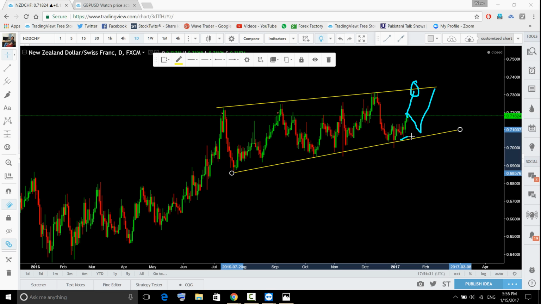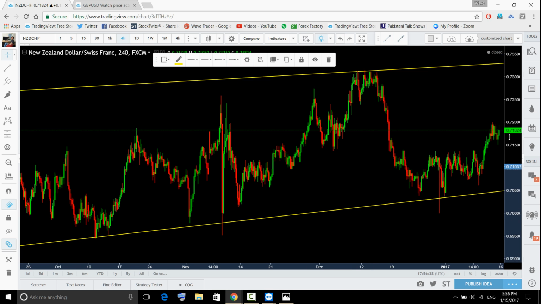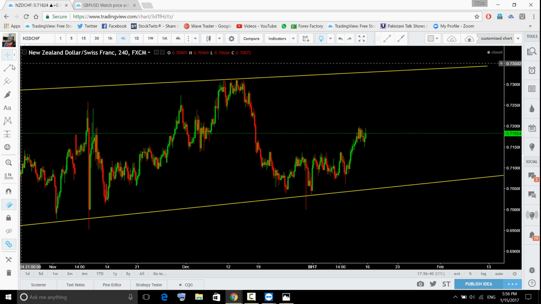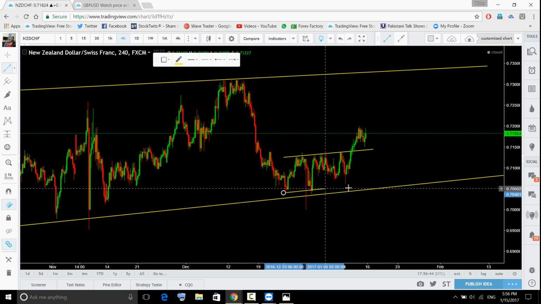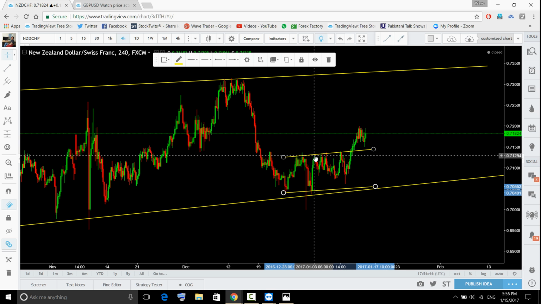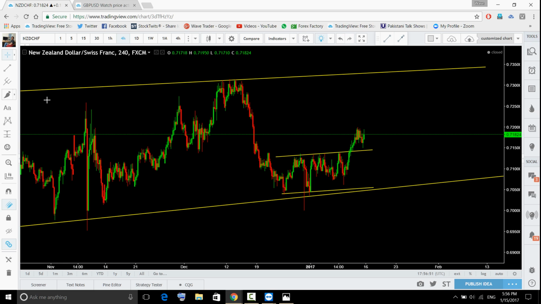We were looking to buy at the bottom. It has already broken out of this pattern. If you guys remember, we were looking to buy at this place.